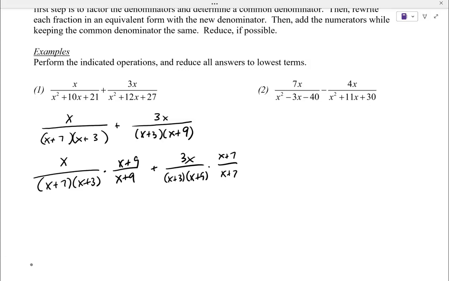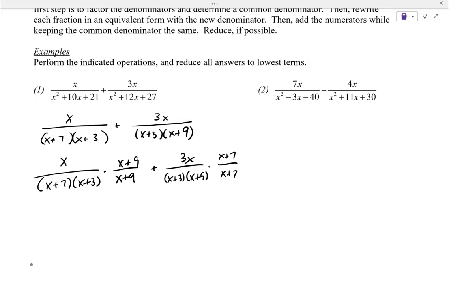To keep everything equal, it has to simplify to 1, right? Whatever you do on the bottom, you better also do on the top. Okay? Likewise, why did we put the x plus 7 over here? Yeah, because the x plus 7 on this one, and then again we put the x plus 7 on top too to keep everything equal. Okay? But this is why we factor first, so that we can identify what we need to multiply the other one by. Okay? So that we can get that common denominator.